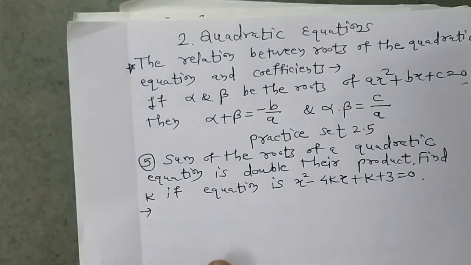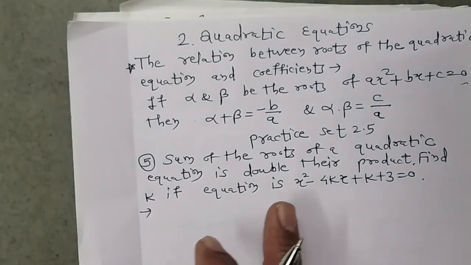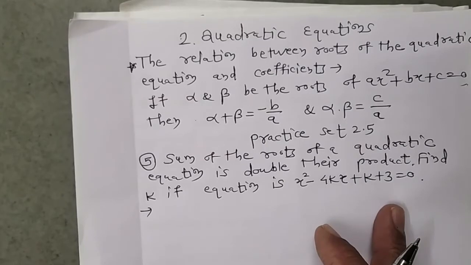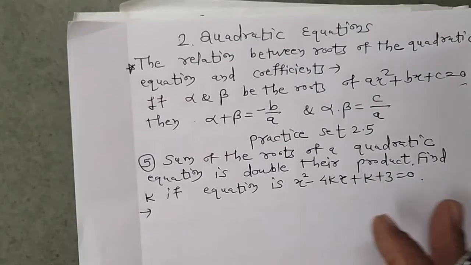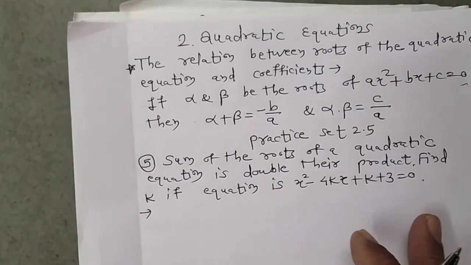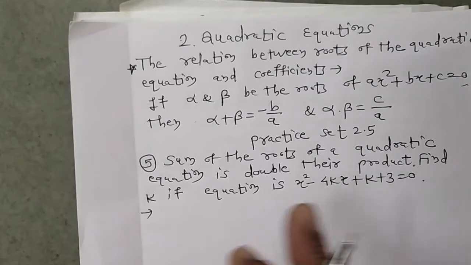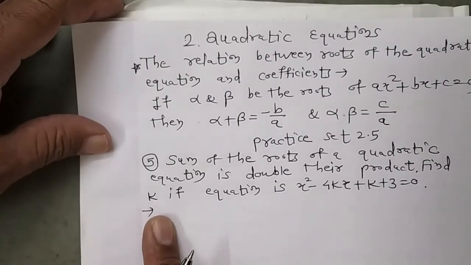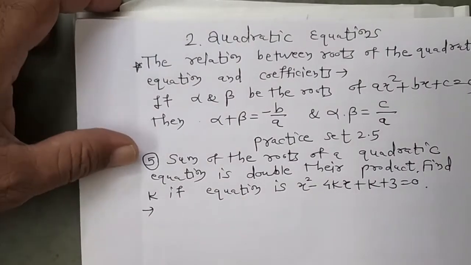Now here we have given that the sum of the roots of a quadratic equation is double their product, and we have given the equation. By using this equation we have to find the value of k. In the first step, find the values of a, b, c.